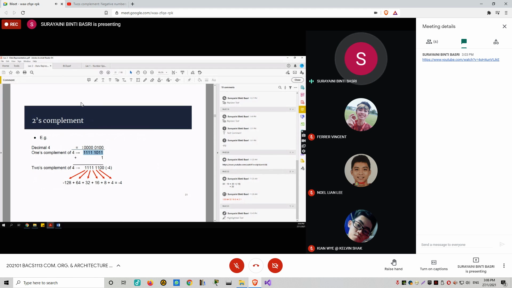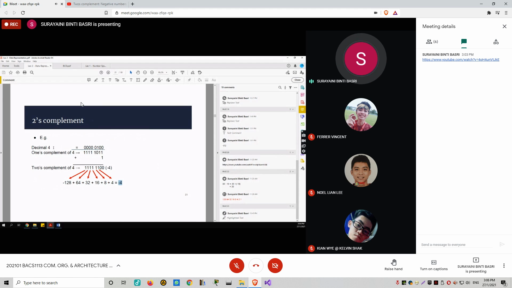Okay, so using this formula, you will get this one. And then, miraculously, when you add all of this, it will produce -4.